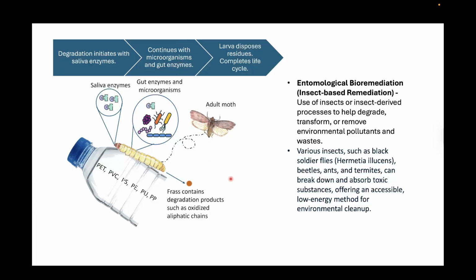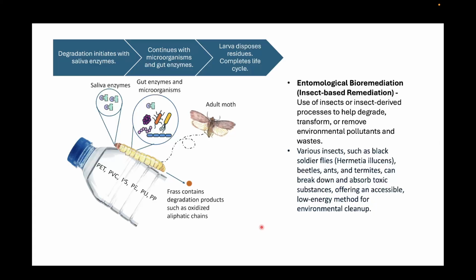And then the caterpillar excretes certain droppings which consist of degraded products like oxidized aliphatic chains, which are no longer harmful. So such as an example of the wax eating moth, which is an entomological bioremediation based method.